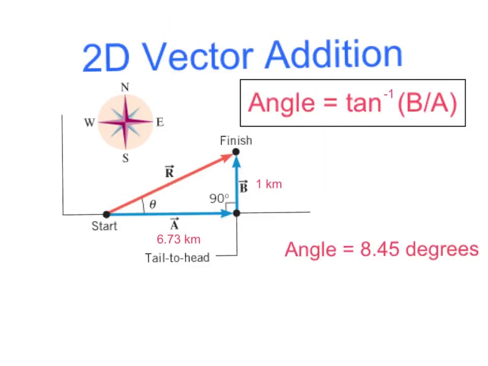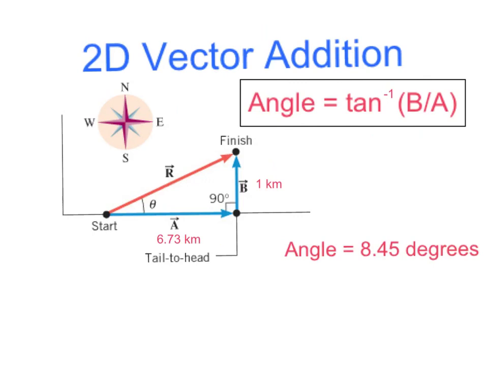Since a vector has both magnitude and direction, the only thing we have left to find is the angle, or the direction of our resultant displacement vector, our total displacement. And we use the inverse tangent function in order to do this, along with the total y component and total x component that we found using our chart.